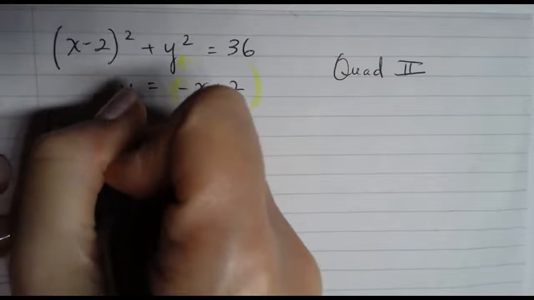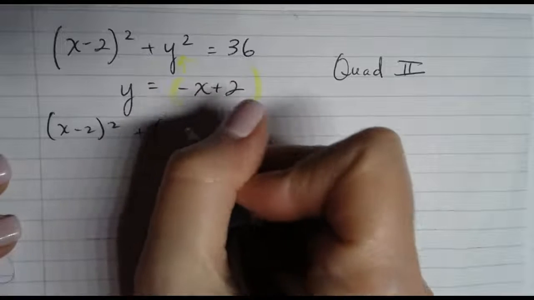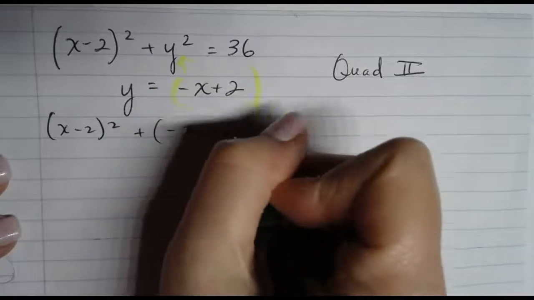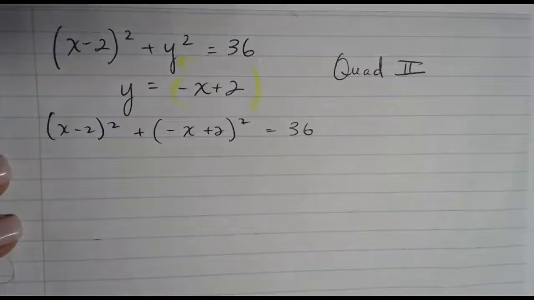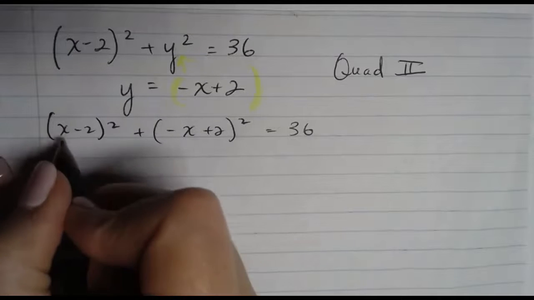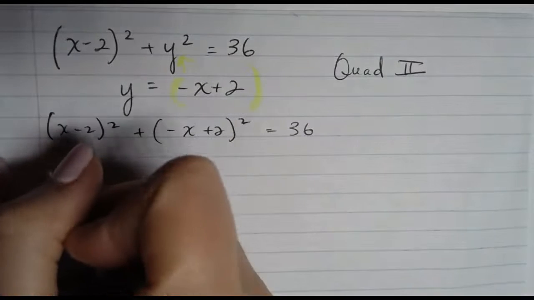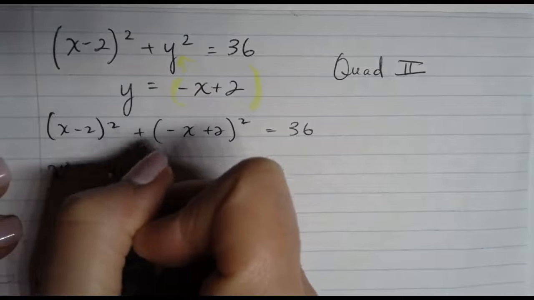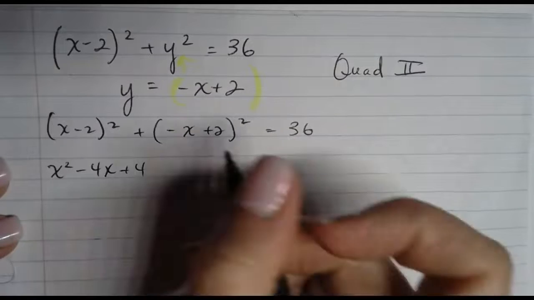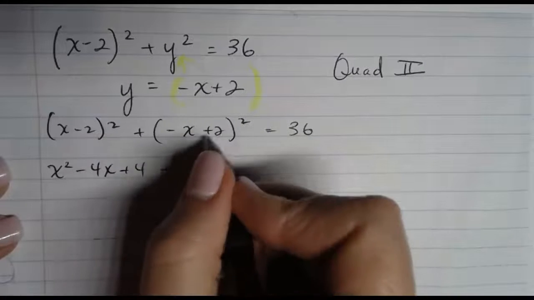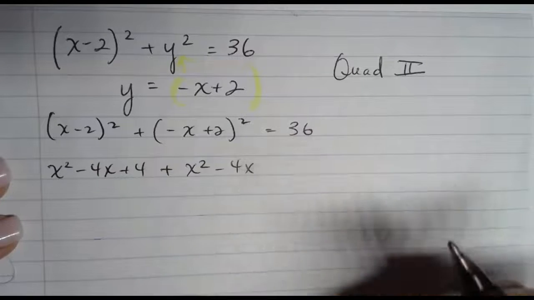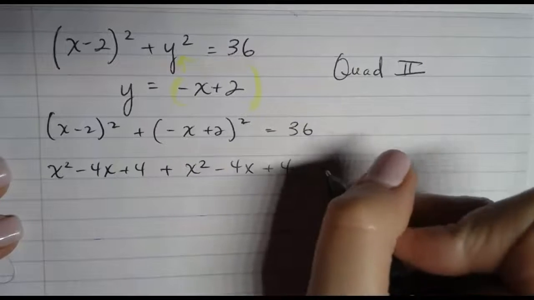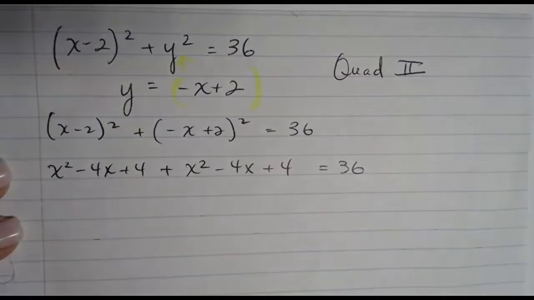So we get (x minus 2) squared plus (negative x plus 2) squared equals 36. Keep going, blast through with algebra. X minus 2 times x minus 2 is x squared minus 4x plus 4. Next, negative x plus 2 squared is x squared minus 4x plus 4, equals 36.